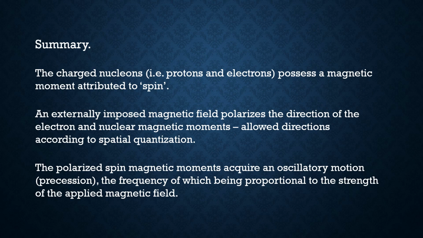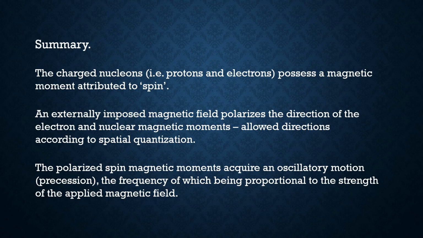The allowed directions are defined according to spatial quantization, so you can only get certain positions which correspond to the different spin states in quantum mechanics, and you can only have transitions between these usually two states in case of spin 1/2, but if you have spin 1, you'll have additional states. So the transitions are limited. You cannot turn the magnetic moments in any arbitrary angle.